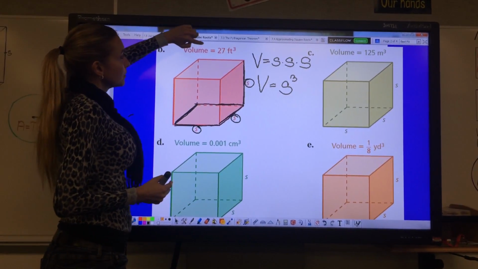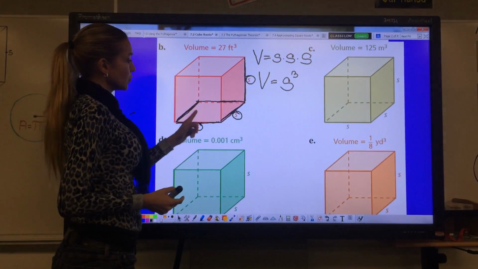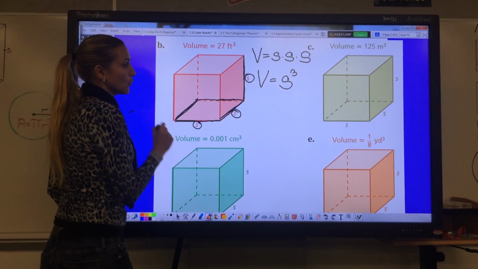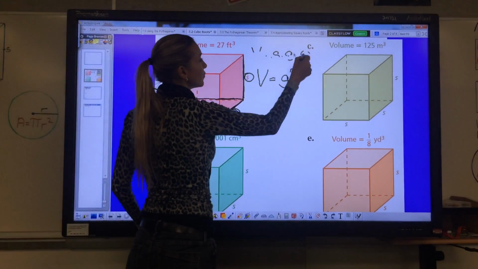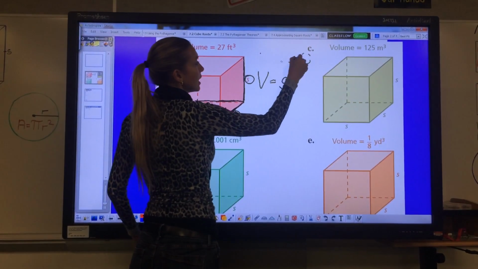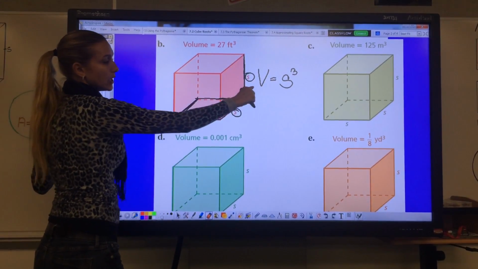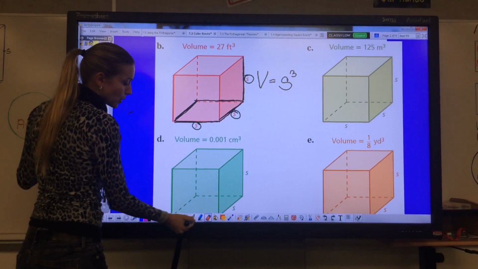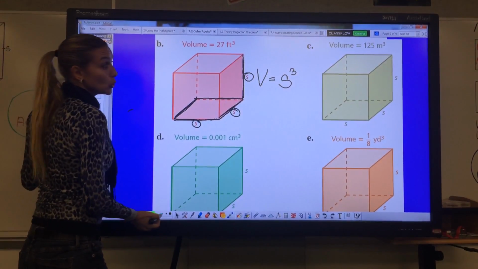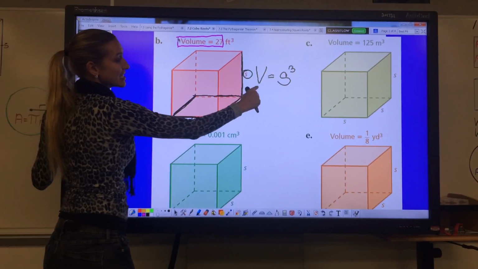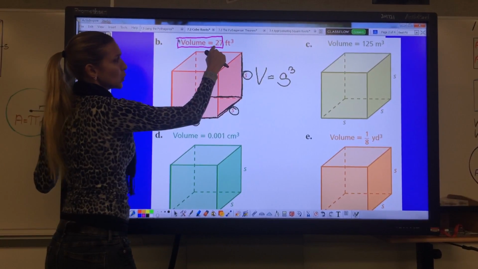If you have a problem like this and it's going to ask you to find a measure of a side of a cube, your first step is to write down the formula. The formula of a cube is V, volume, equals side to the third power, or side cubed. In here, you are given what V is. V is actually 27.